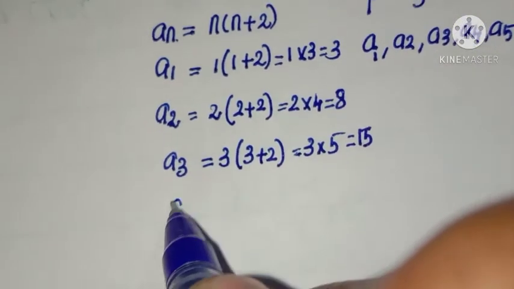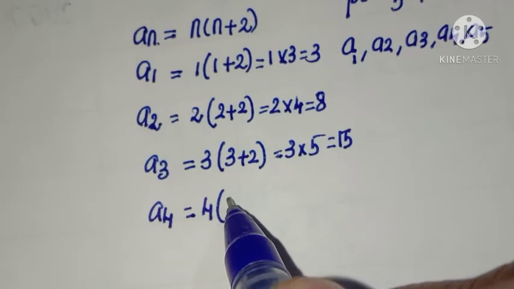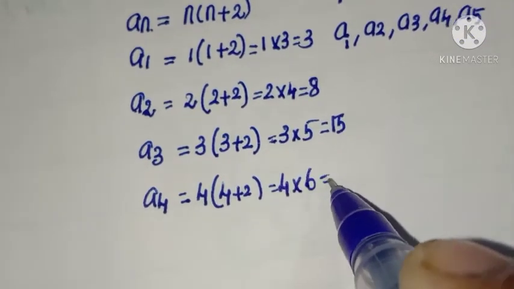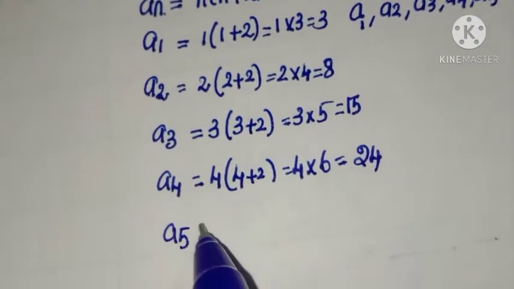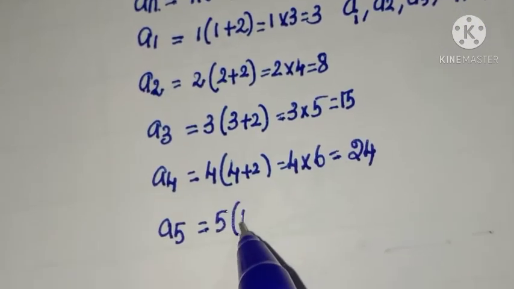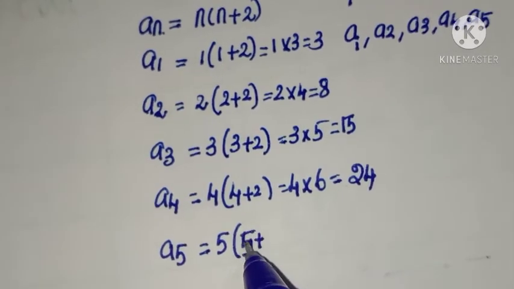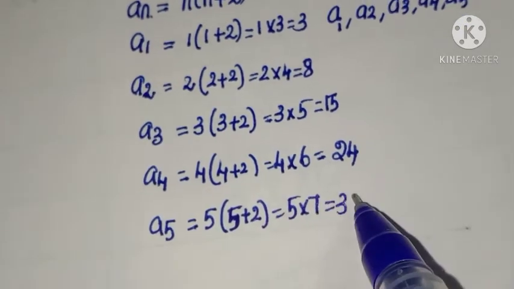Okay. Now A4, put n equal to 4. 4 into 4 plus 2, that is 4 into 6, 24. Now A5, put n equal to 5. 5 into 5 plus 2, that is 5 into 7, 35. Okay.